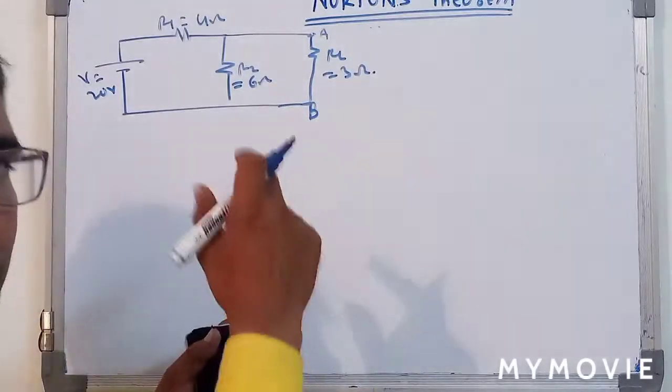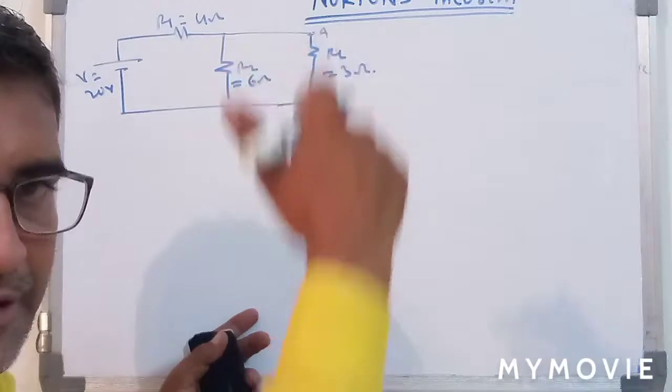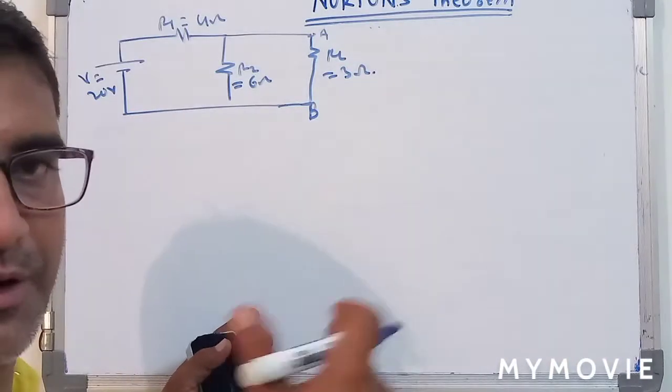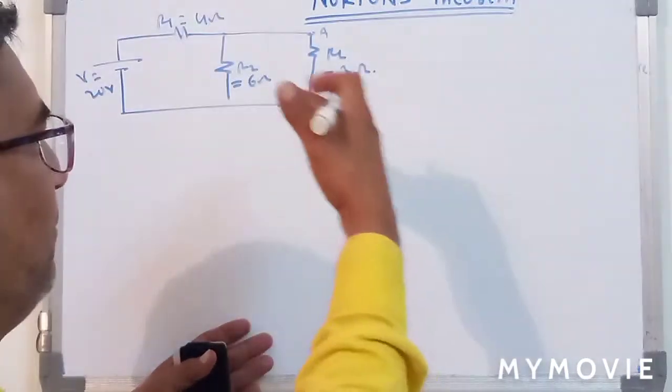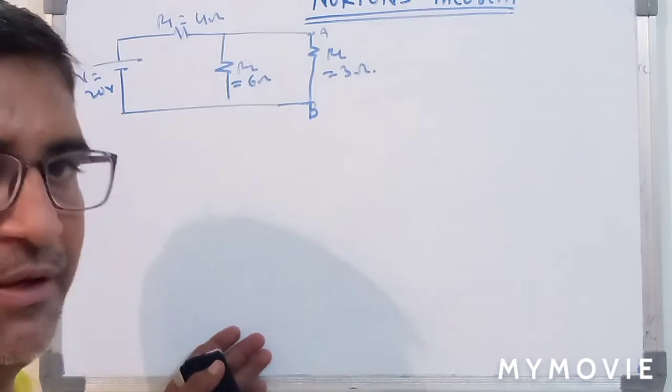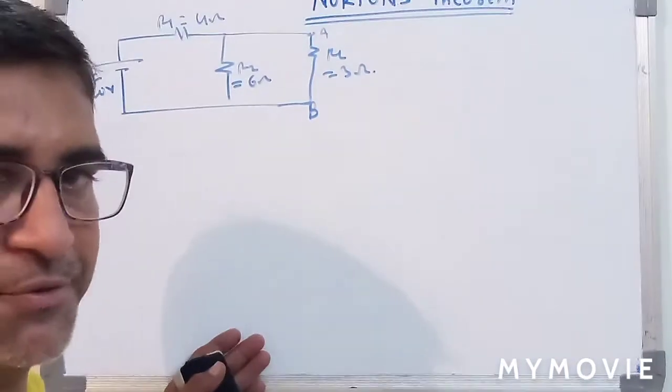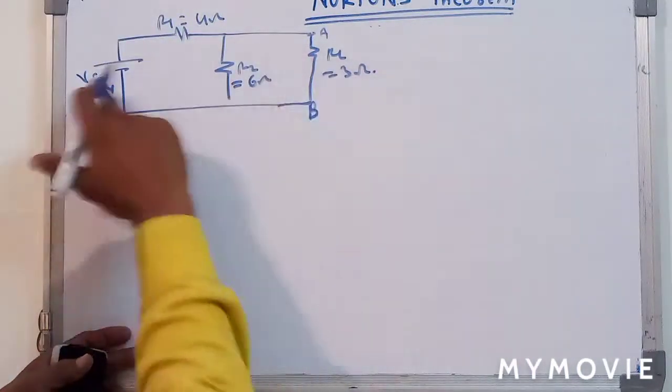We have taken only ohm values, small values. We have not taken kilo ohms or mega ohms, just for simplification, for finding the values easily.